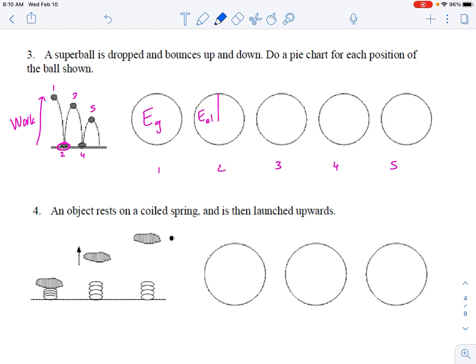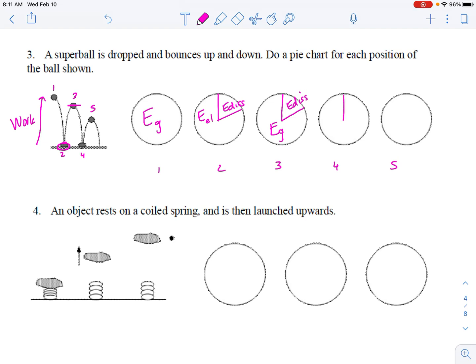How much has been dissipated? Well, I know it's way less than half because look how high the ball comes up at number 3. At number 3, we have the same amount of energy dissipated, but that elastic potential energy has now been converted back into EG, gravitational potential energy.